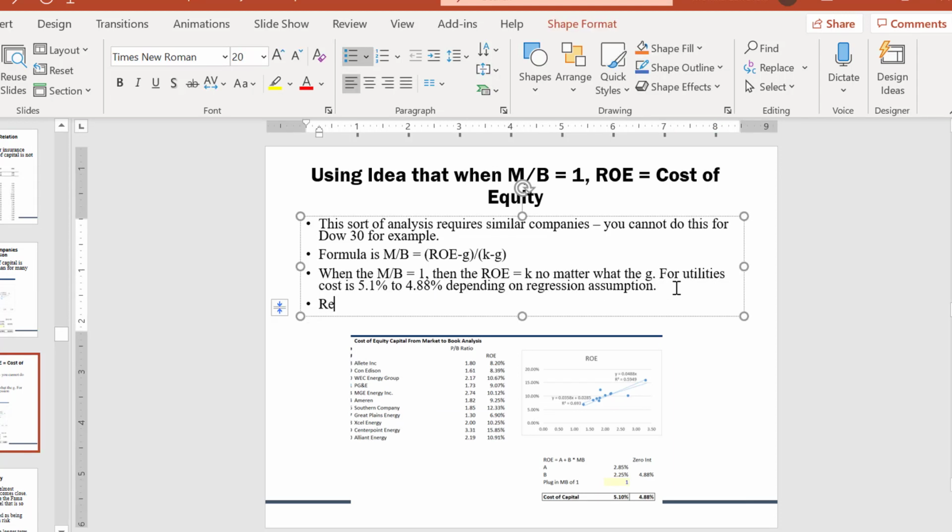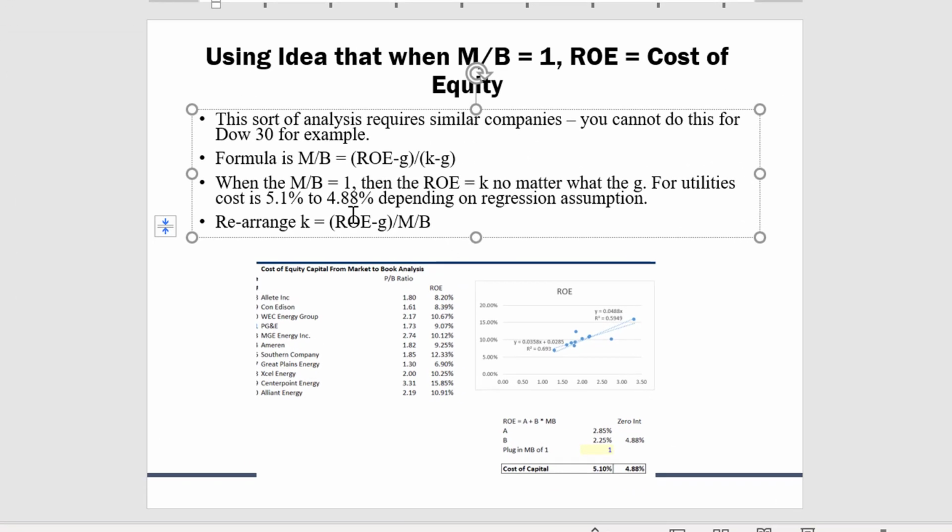So rearrange, and you get K, let's see if I do this right, equals ROE minus G divided by MB, but we had this K minus G, so we should put K minus G over here, so we put plus G over here.